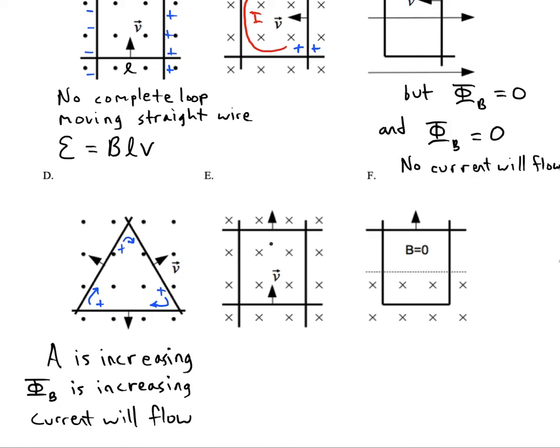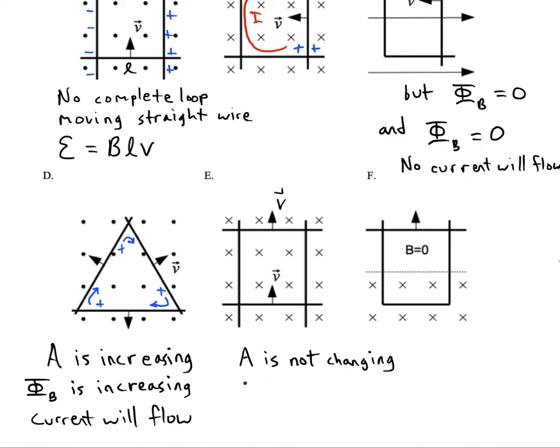Now check out this problem. Is the area really changing? No. Even though both of the wires are moving, the distance between them would stay the same as long as they have the same velocity.